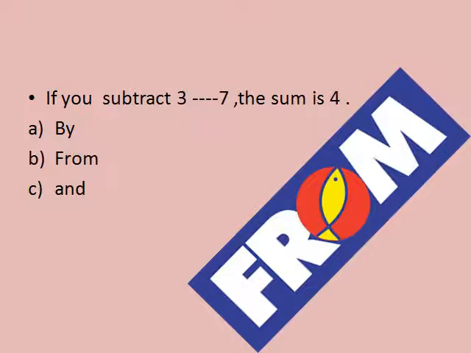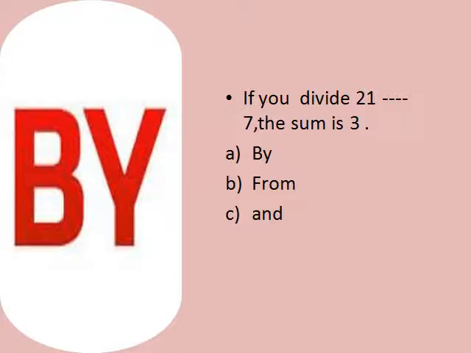By, from, and. From. If you divide 21, 7, the sum is 3. By, from, and.